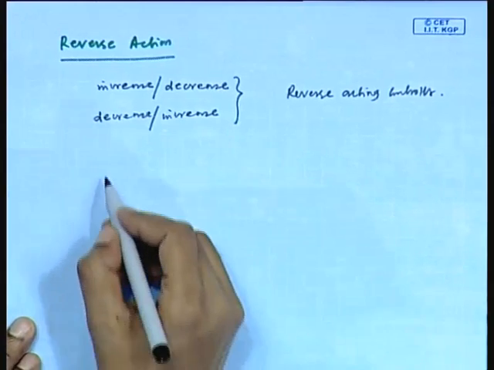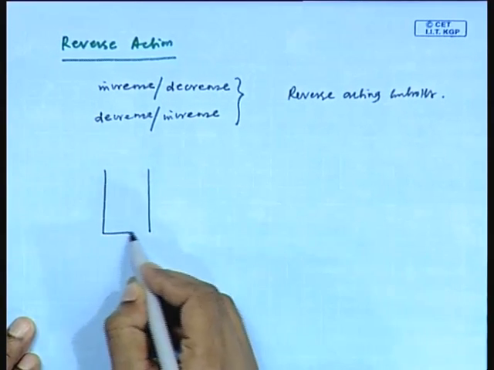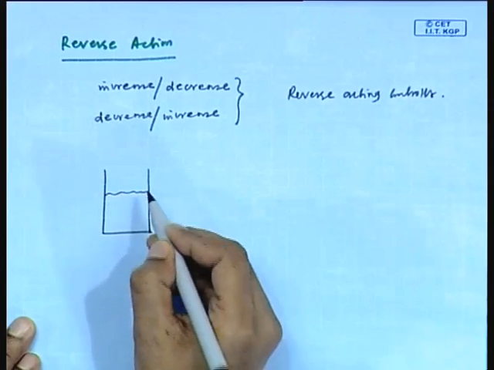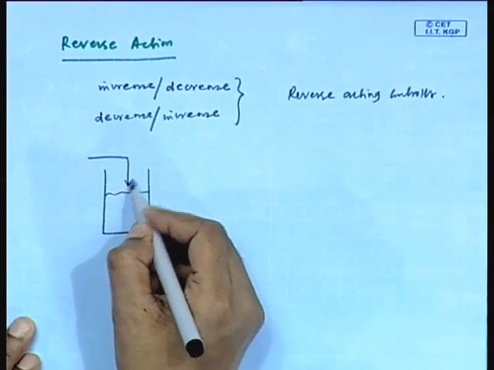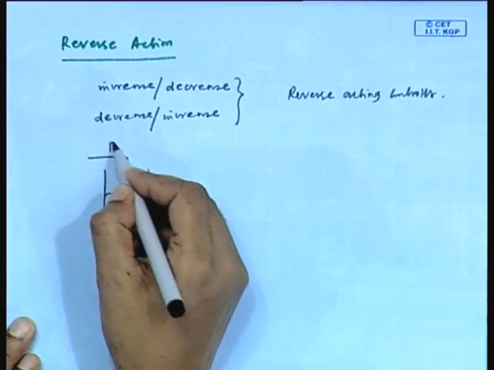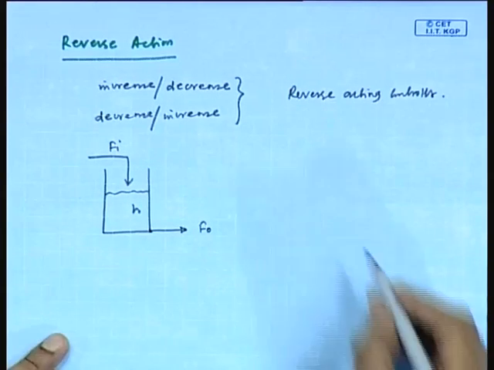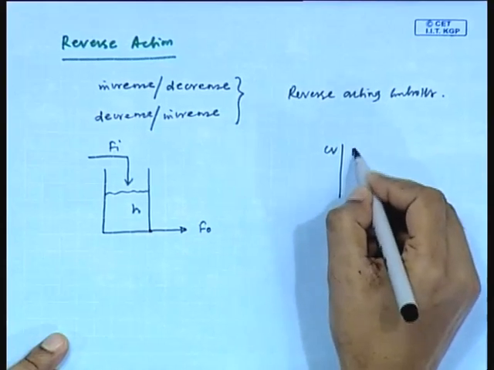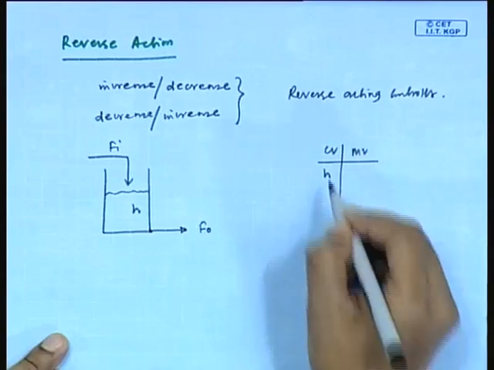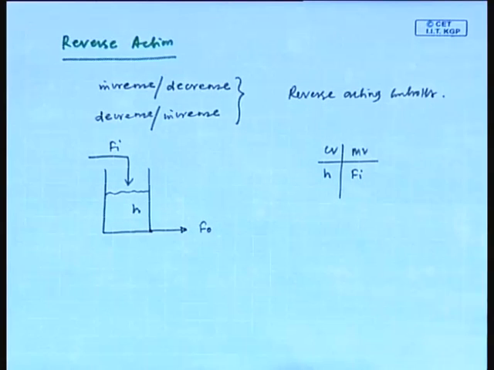Fine. If we continue the same example, what will be the manipulated variable for the reverse acting controller? Height is the control variable. So, Fi should be the manipulated variable for the reverse acting case.